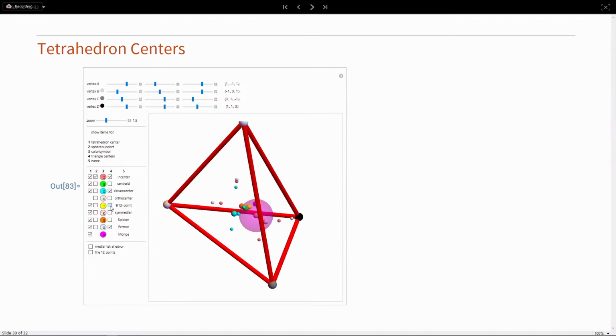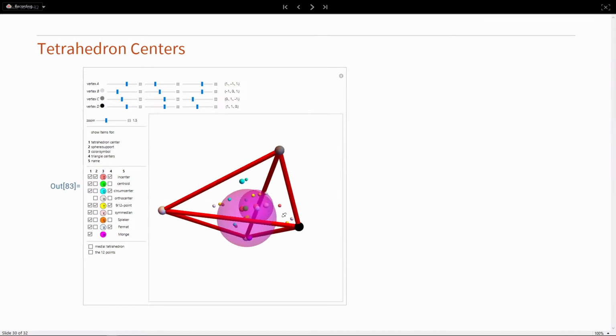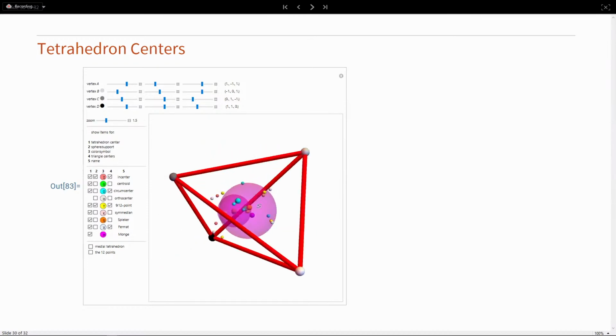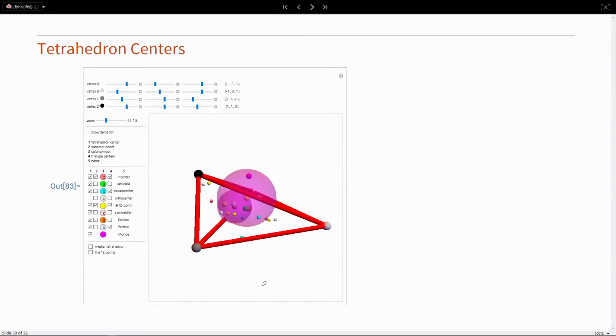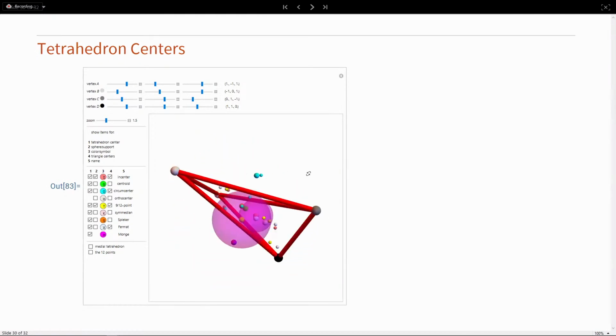Let's see if that works. So this is a function I plan to expand eventually with more centers and more points, more spheres, more lines.